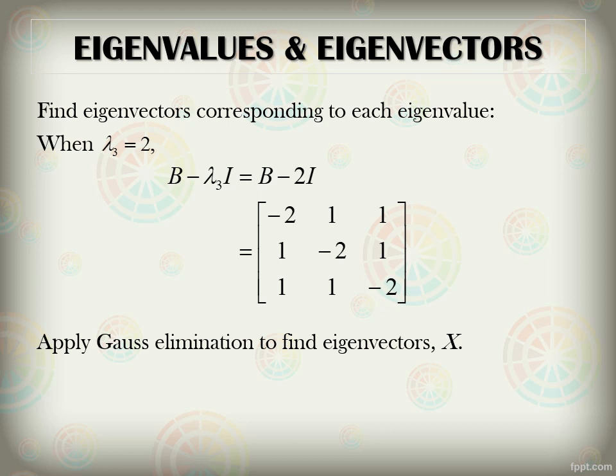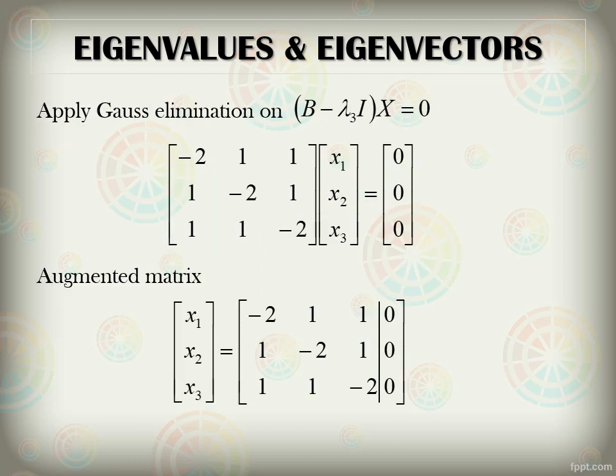So the last one is for lambda 3 that is equal to 2, and when we substitute 2 for our lambda 3 in the matrix, this is the matrix that we have. Now we proceed by writing the augmented form to solve the eigenvectors. This is the augmented matrix.